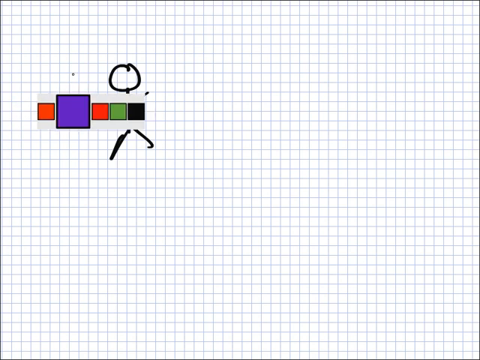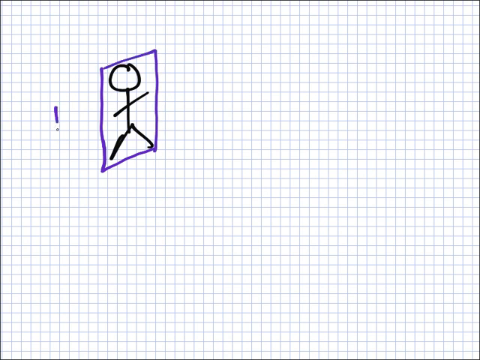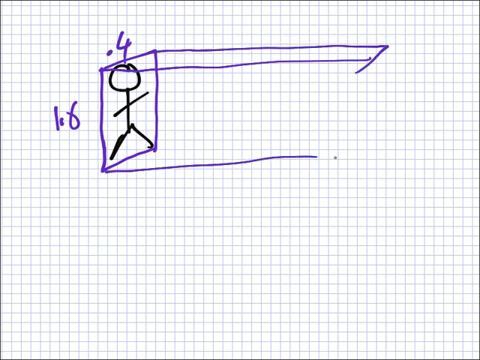Let's have a look. Right, so here's the student. How tall is the student? And how wide? 40. So there's the student there, 1.6 and 0.4 meters. So we need to figure out how much air hits the student in 1 second.